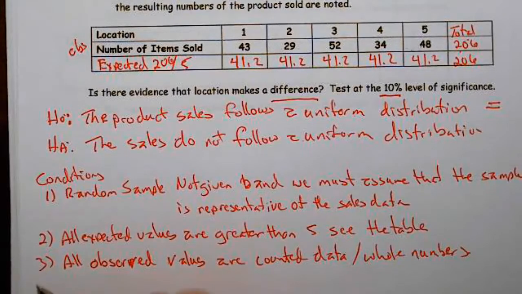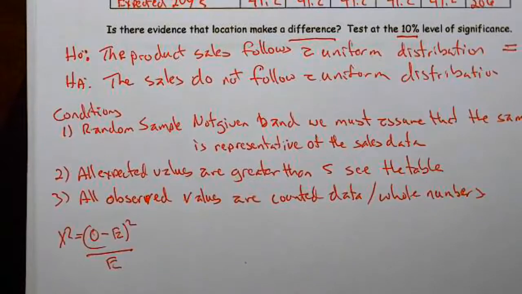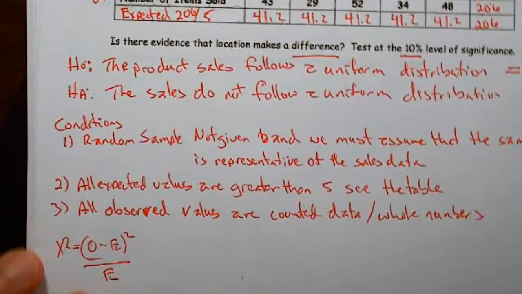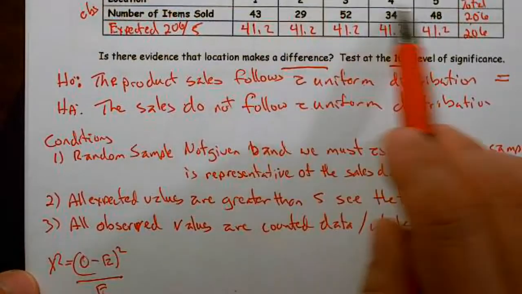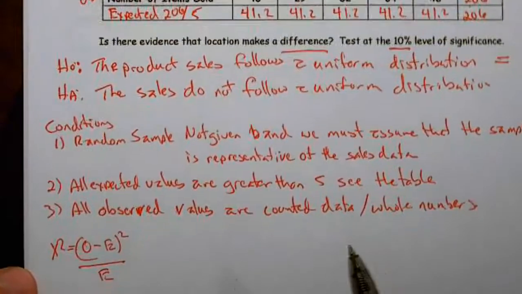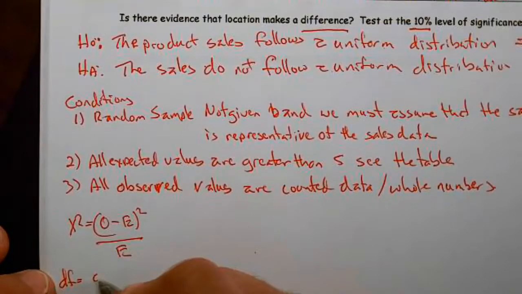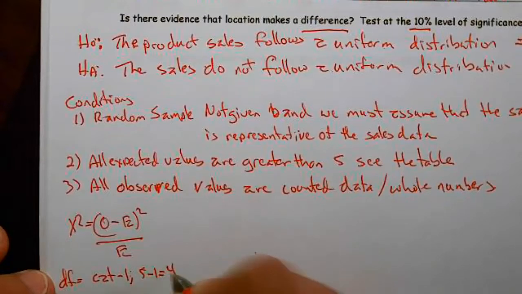Our formula, chi-squared equals the sum of observed minus expected, squared, over expected. And our degrees of freedom is our number of categories minus 1. We have 1, 2, 3, 4, 5 categories, 5 locations. So 5 minus 1 is 4.